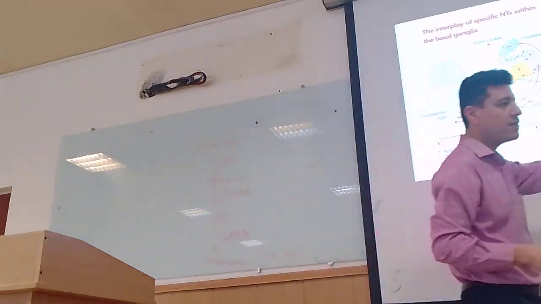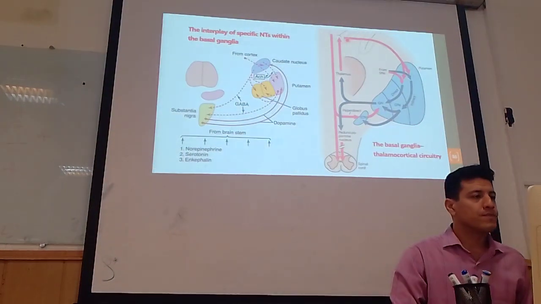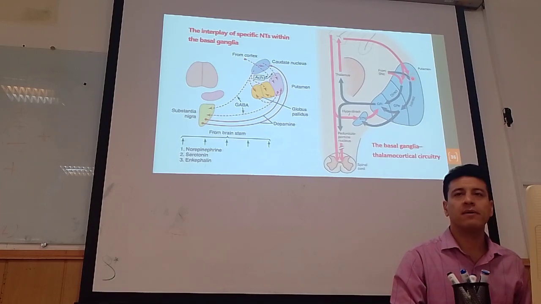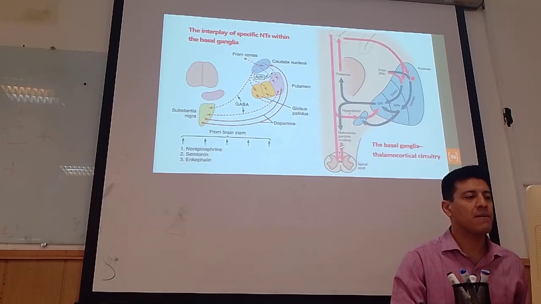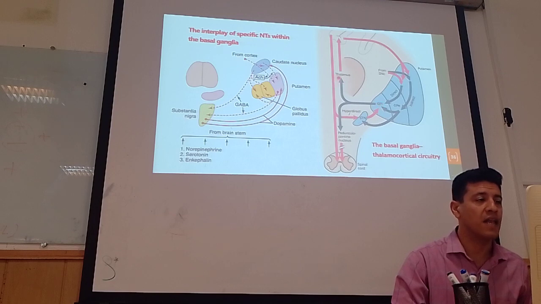Now let's see the indirect pathway. Cortical neurons activate the putamen. Putamen inhibits globus pallidus external. External inhibits internal. Internal inhibits the thalamus.